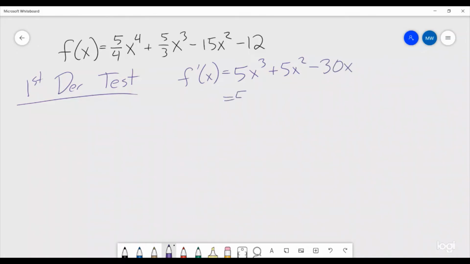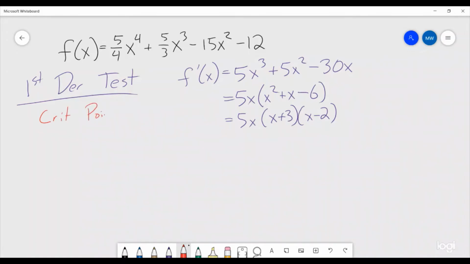And then when we factor this, we get 5x times x squared plus x minus 6. So that's 5x times x plus 3 times x minus 2. So, first thing, we have critical points of 0, -3, and +2.